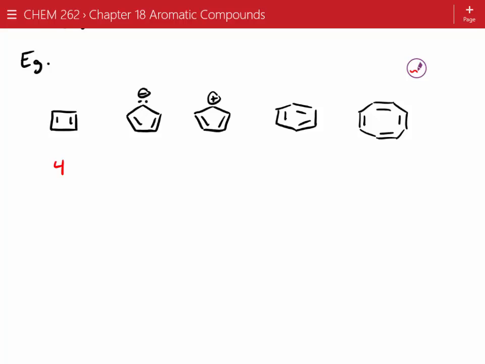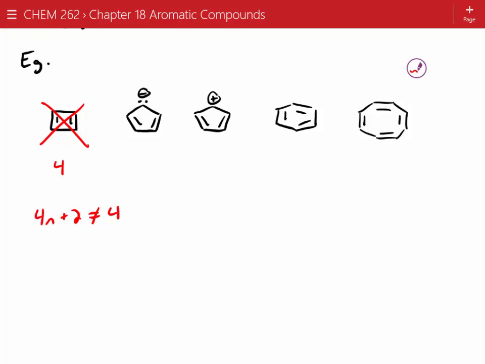Can we find an integer that satisfies 4n plus 2 to equal 4? So let's think about that. 4n plus 2 can never equal 4, right? Basic math, not super challenging. So this one is not aromatic.